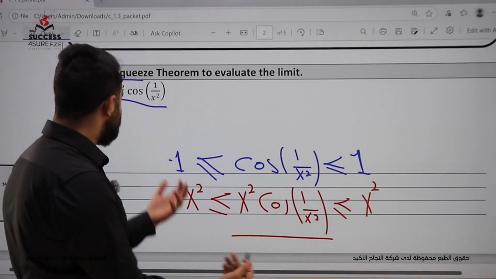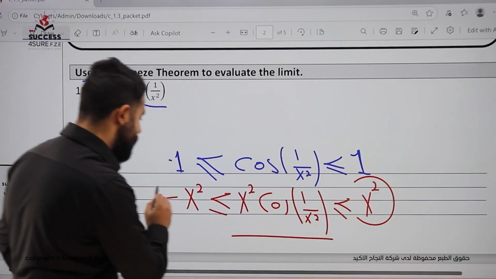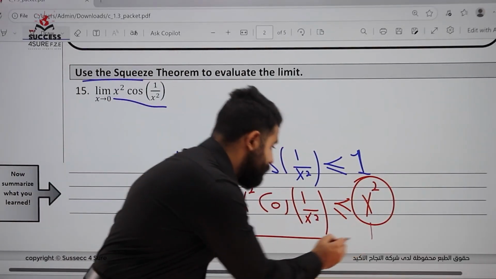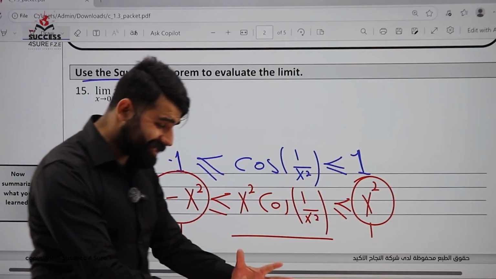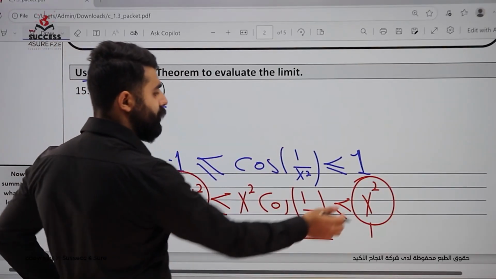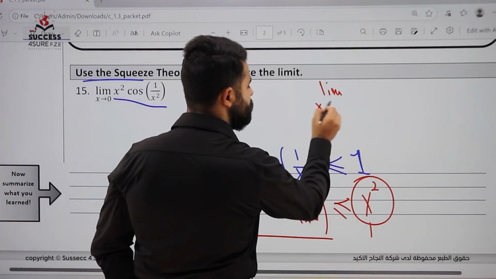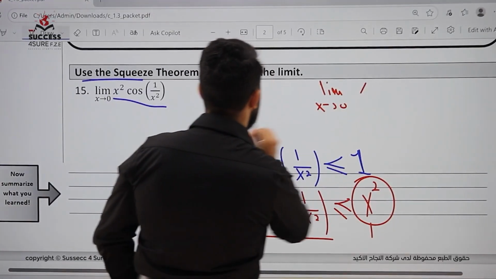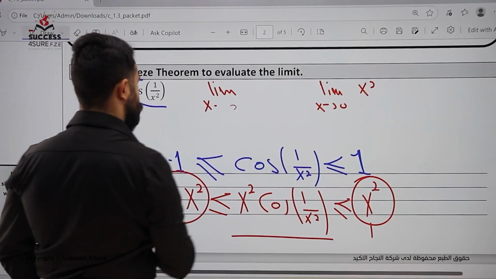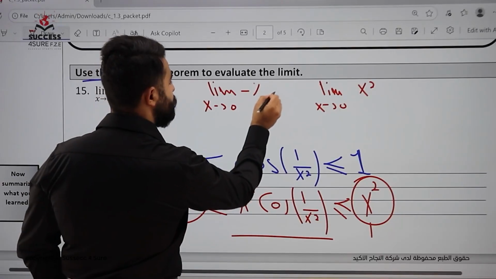Now, we don't know what the limit is as x approaches 0 for this middle term. But we do know the value of the limit as x approaches 0 for this term and for this term. Now, if the limits for these two terms exist and are equal, then the second step of solving the question is to take the limit as x approaches 0 for x squared and the limit as x approaches 0 for the term on the left side, minus x squared.